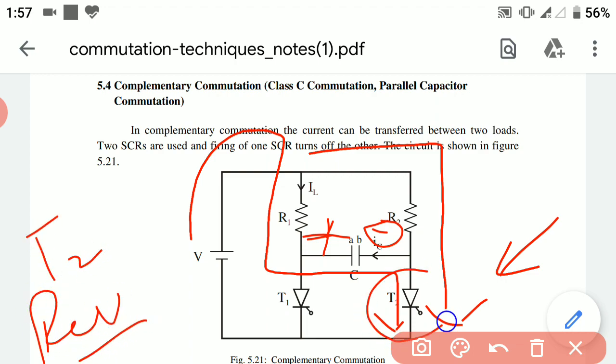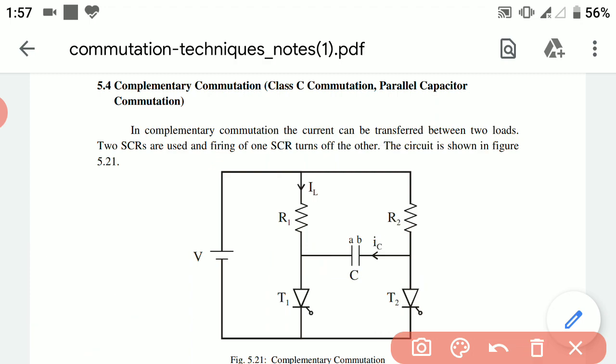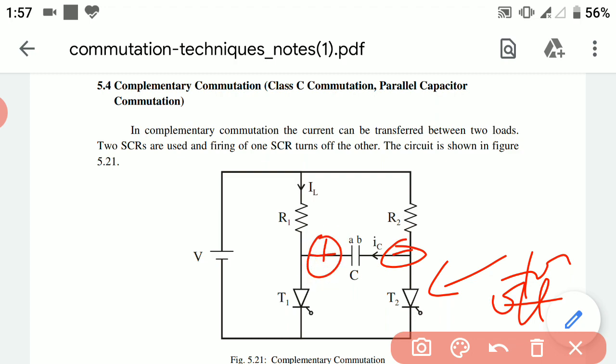As the thyristor T2 is reverse biased, it will turn off due to the negative polarity of plate B. But due to the positive polarity of plate A, T1 again starts conducting. It will again turn on.